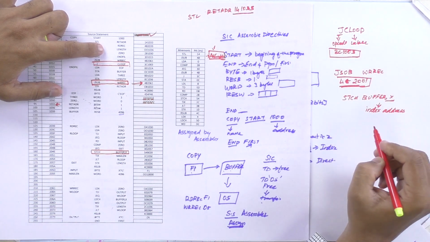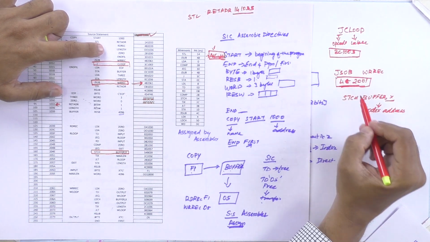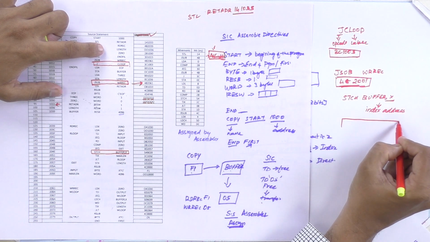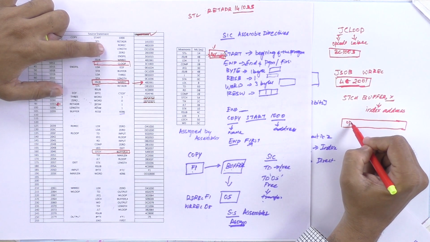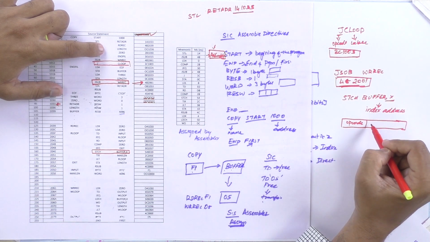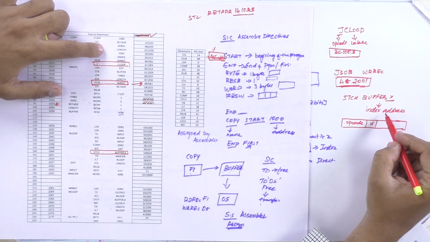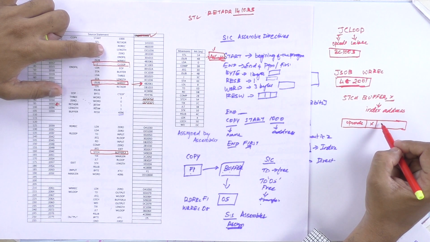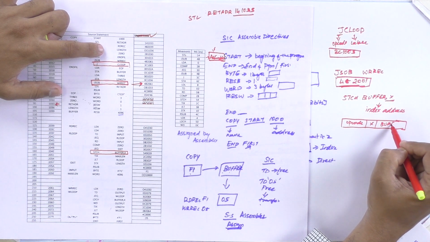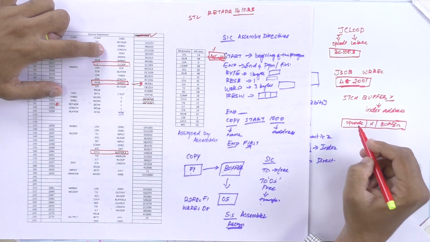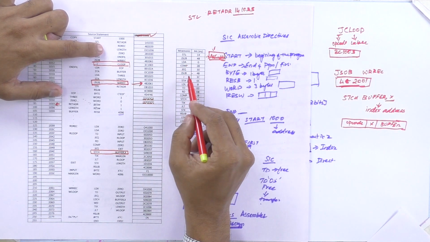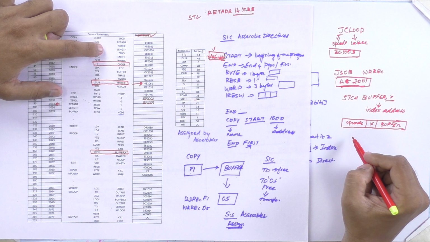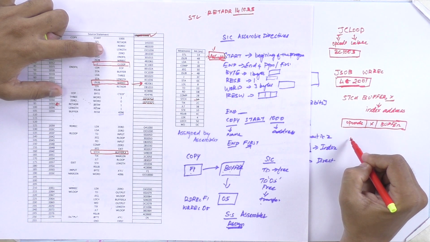If it is an index addressing mode, we cannot find the values directly like that. What you have to do is draw the instruction format. The instruction format is opcode, then X, then the address. The opcode value of STCH is 54, so I'll write 54.